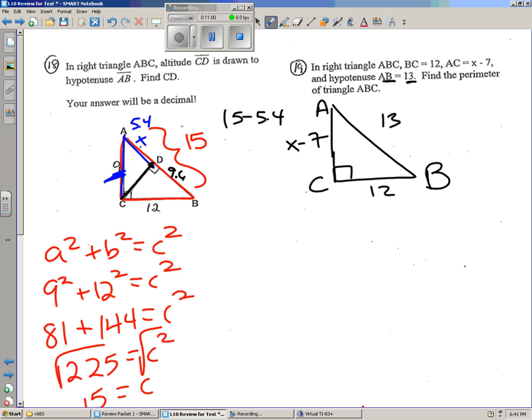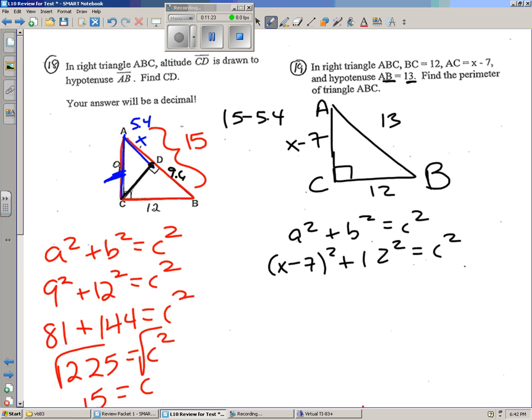Again, we have a right triangle, so we're going to use the Pythagorean theorem. So a squared plus b squared equals c squared. So a squared, a is x minus 7 squared, plus 12 squared equals c squared. Now, here's where people were goofing on this in class.